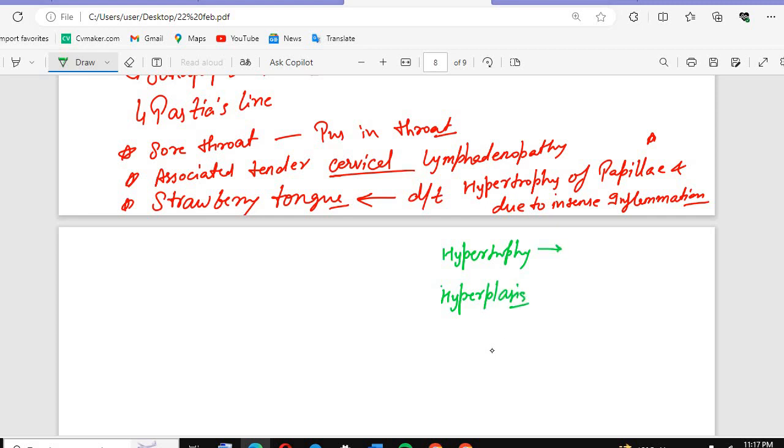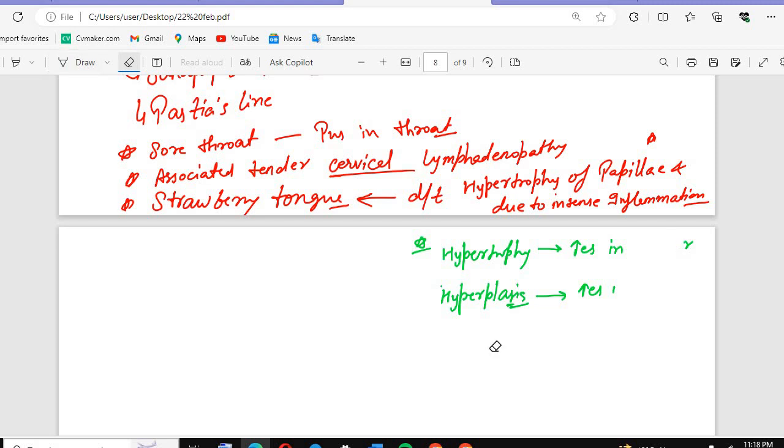If there is no S, it means increase in number, and if there is an S, it is size. Sorry, I got this wrong, this is the opposite.